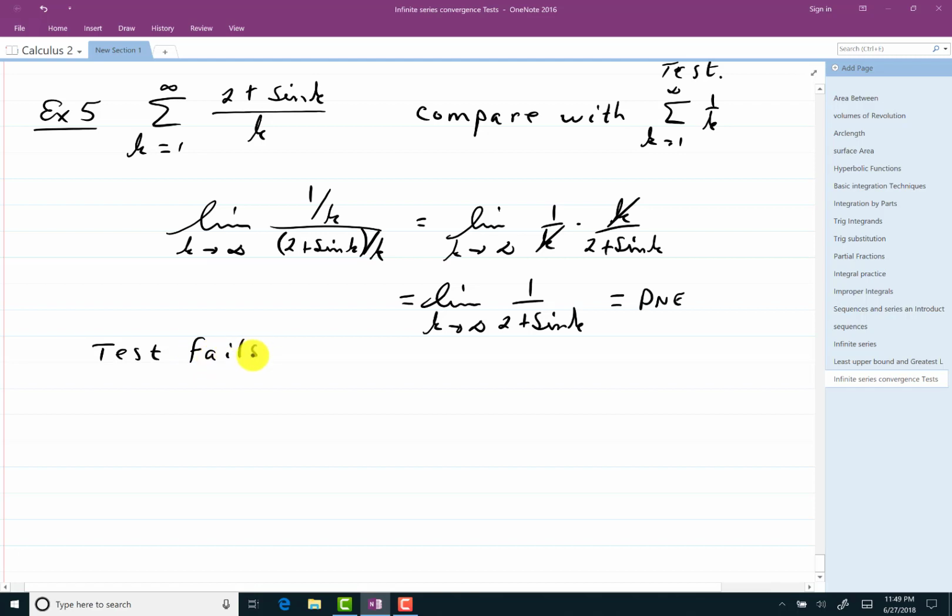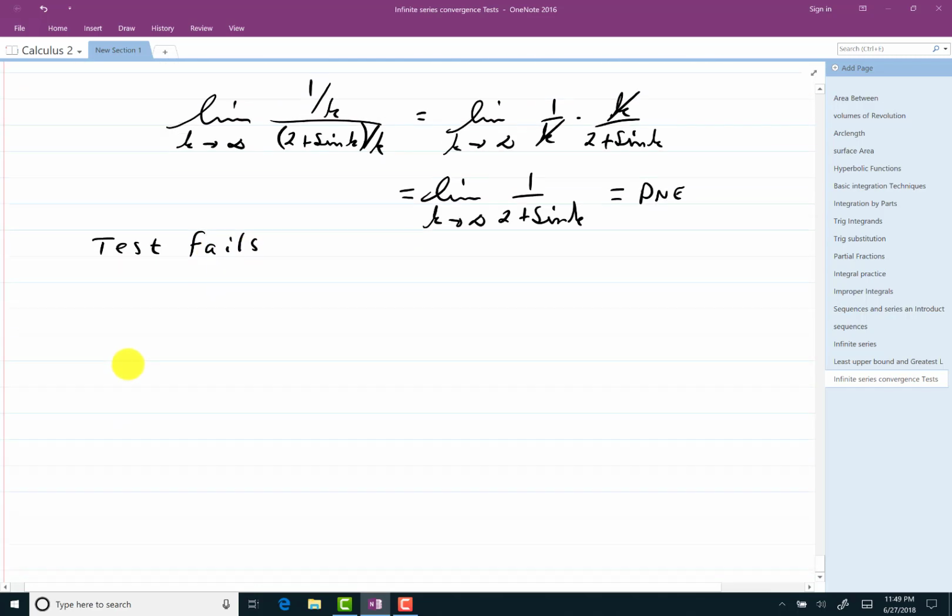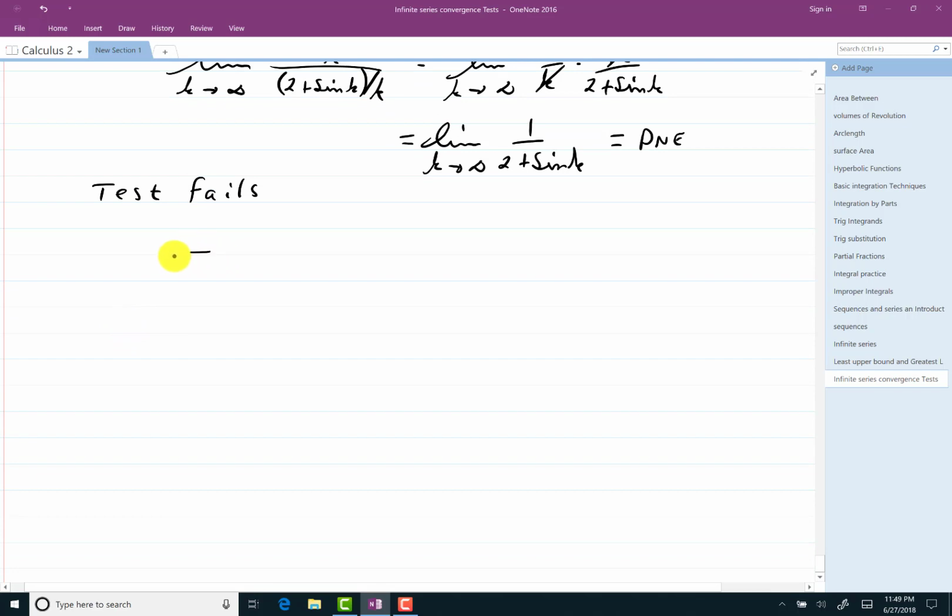Fortunately, it's very simple to fix it, though, and get the right answer. I do know that it's greater than or equal to the sum from k equals 1 to infinity of 1 over k. Why do I know that?